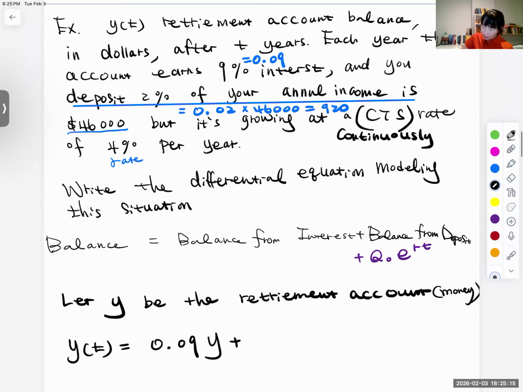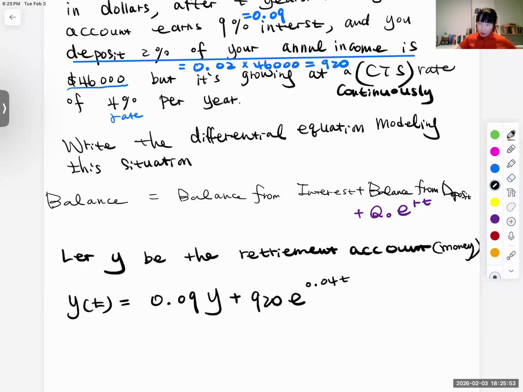Plus the deposit, 2% of your annual income of 46,000, which we calculated earlier is 920. So 920 e to the R, this is not R, this is R, so 4%, 0.04 T. Yeah, that is the answer, right?